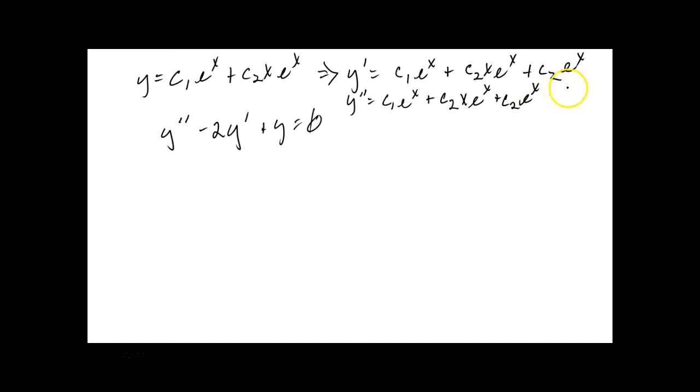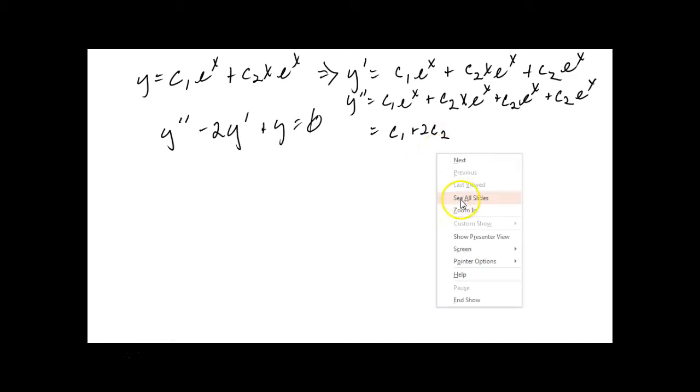That takes care of the second term, plus C2 e to the x. We can simplify that a little bit. That would be C1 plus 2C2. Let's stop this for now. I'll come back and do it in a second.